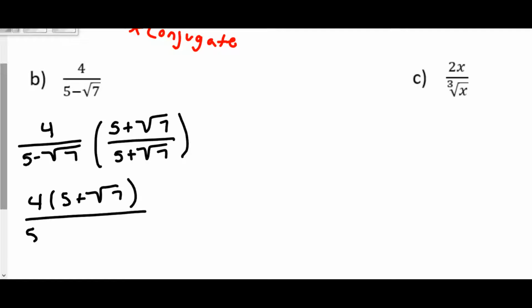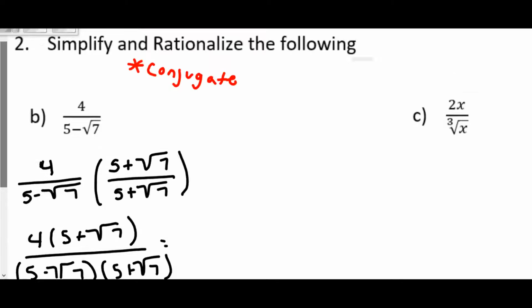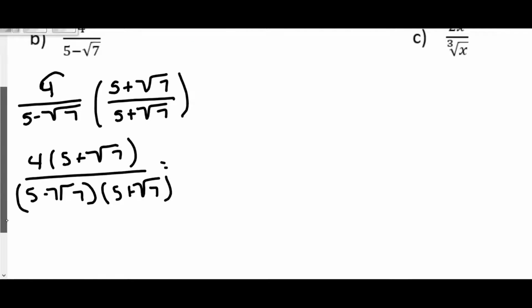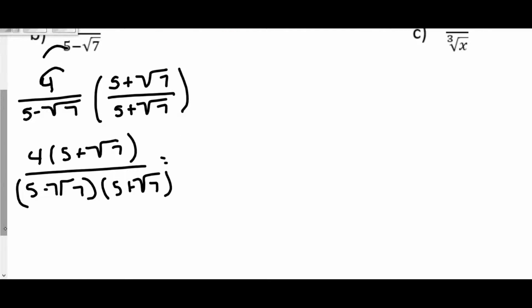And the bottom is 5 minus rad 7 times 5 plus rad 7. I'm just going to quickly distribute the top. 4 times 5 is 20. 4 times rad 7 is just 4 rad 7.